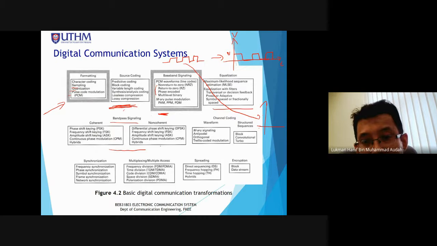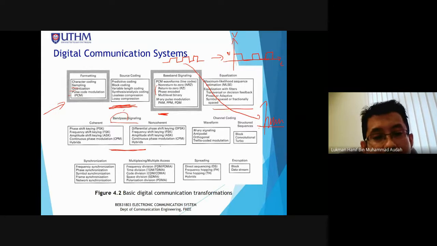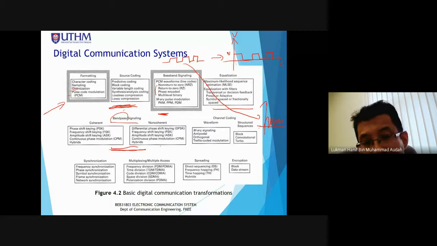Kita nak menghasilkan analog output. Itu kita menggunakan bandpass signaling. So the word bandpass here means that we convert into RF frequencies. Kita akan convert kepada higher frequency dengan cara modulation dengan carrier signal. Itulah hasilnya PSK, FSK, ASK.